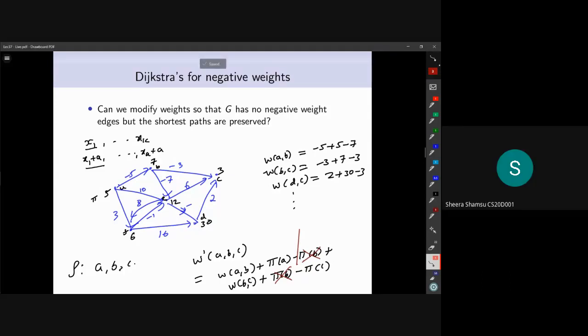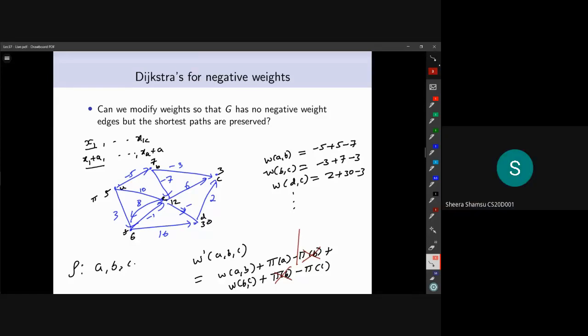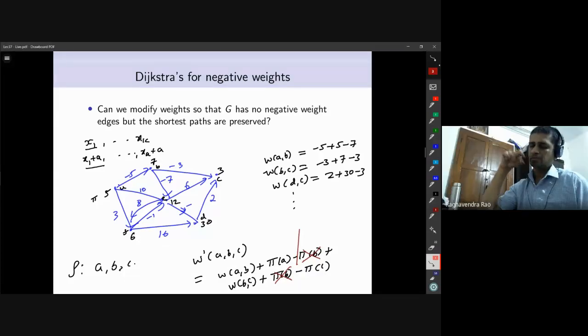Sir, just a doubt: can we form linear equations here to find out the pi's? Because it is a constraint solving kind of thing, right? Yes, but that will lead to a harder problem. What we need to do is do it within the algorithmic framework. We should not lose efficiency.